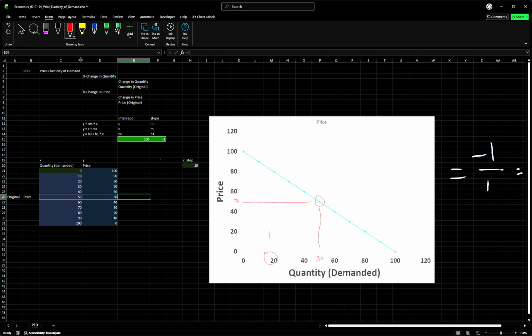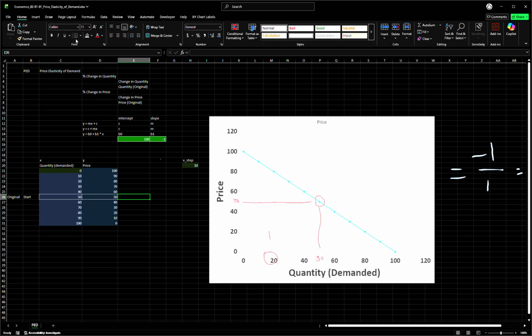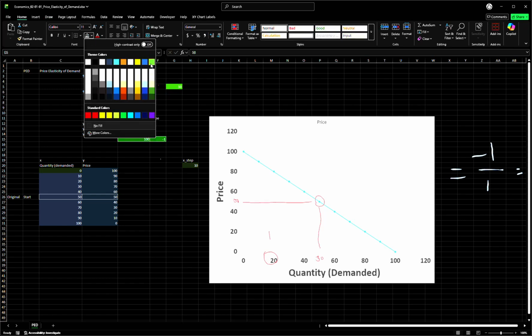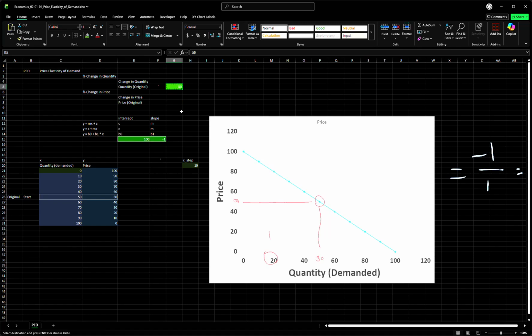So once we have the change, I mean this 50 basically increased to 70 is here. Okay, bring to front. Oh man, everything's gone.